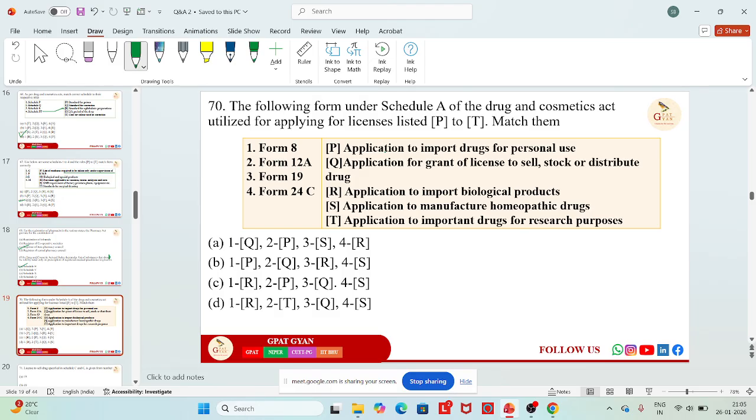And application for import of drug for personal use, personal use is always 12A. 12A is for the personal use. And 19 is for grant of license, and application for manufacture of homeopathic is 24C. C will be the right answer, not A. Okay.